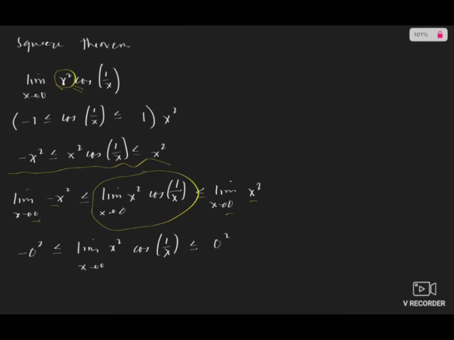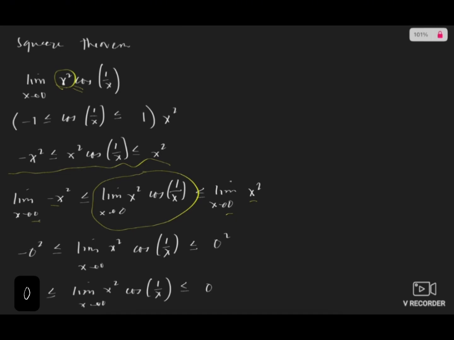So in short, let's simplify it again. So we have 0, -0 or 0, it's still the same. So we have 0 less than or equal to the limit of x squared, which is x approaches 0, cosine 1 over x, less than or equal to 0.